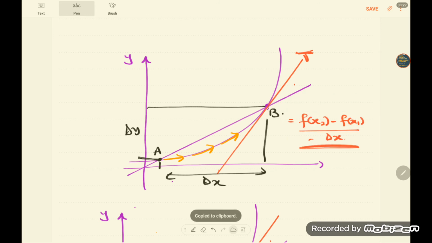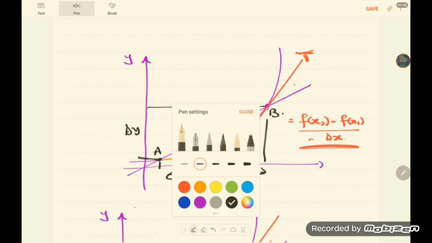So this is our initial formula, and we want to use this formula in establishing our derivatives.